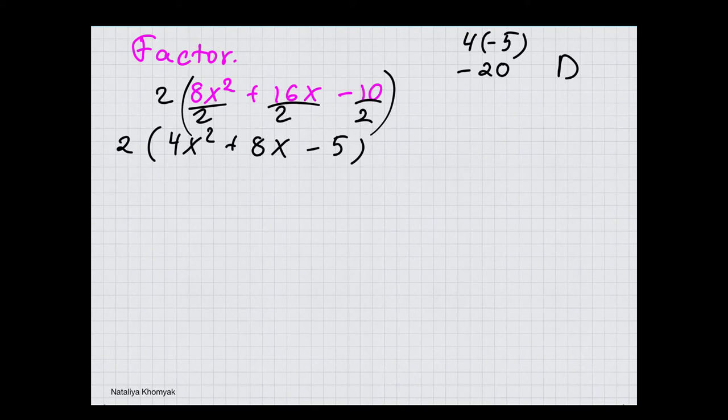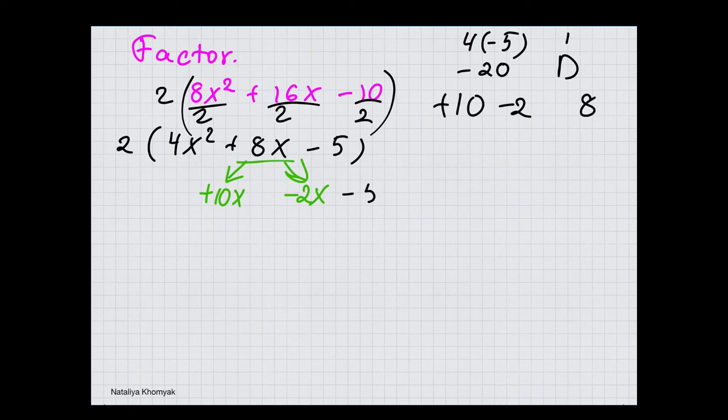We need two factors that have difference of 8, so 4 and 5 have difference of 1. That's not good. 10 and 2 have difference of 8. We need more positives, less negatives. Rewrite 8x as plus 10x minus 2x.